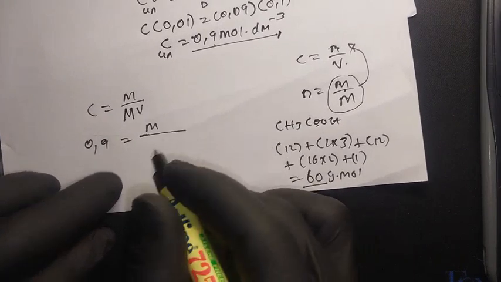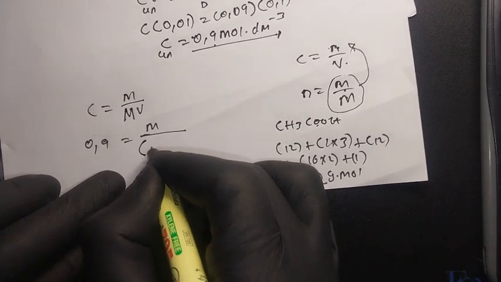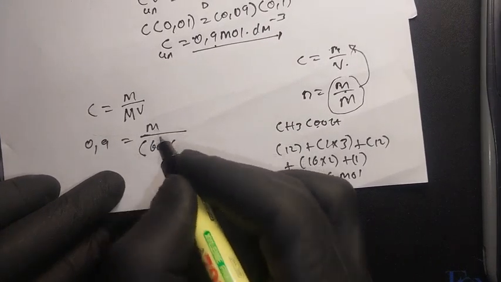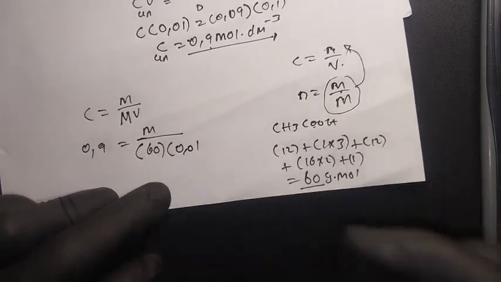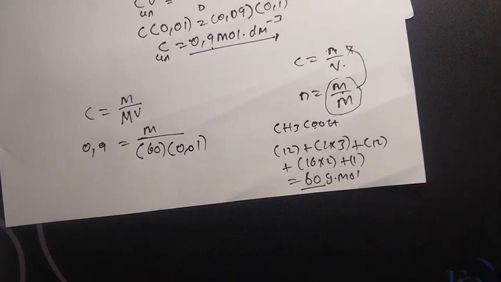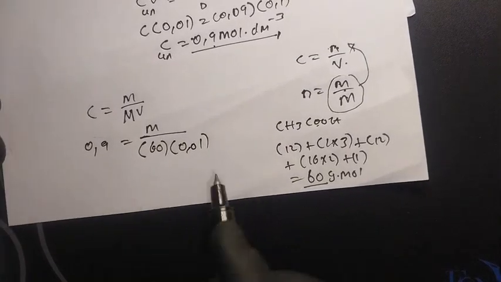Our job now: we write 60, and the volume is 10, so it's going to be 0.01. Now let's work out the mass with this concentration.